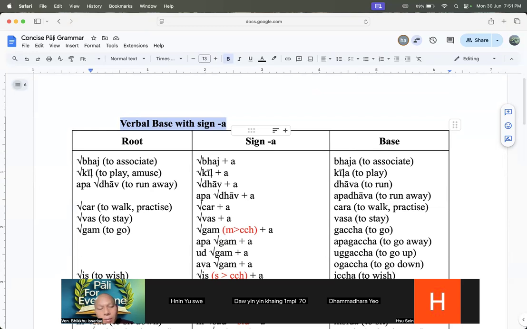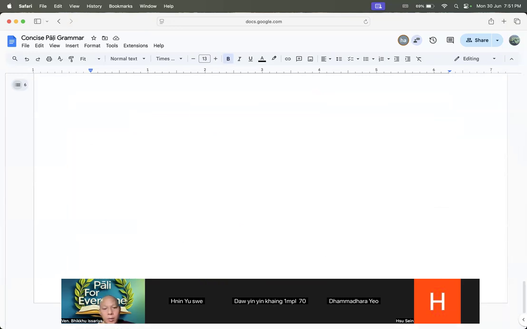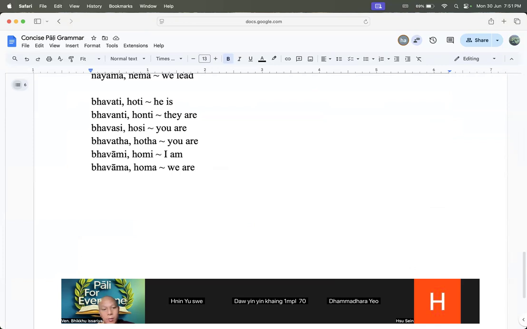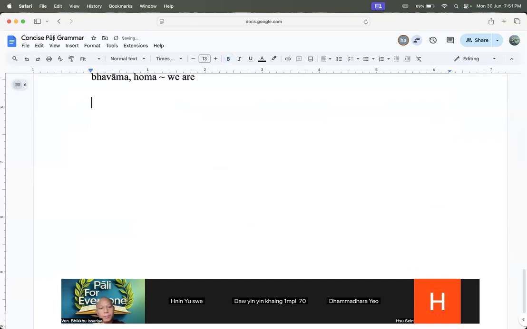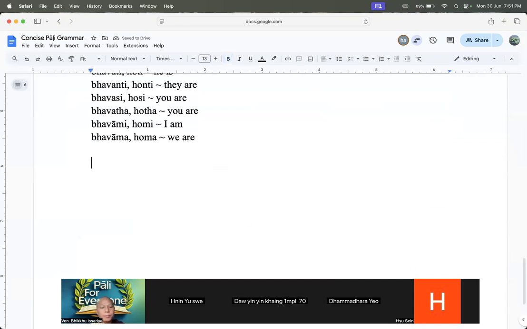So even though we have the seven sign, for example, the first group. So the first sign now we learn a sign. And the second one is, even though it is also a, but not just purely a.